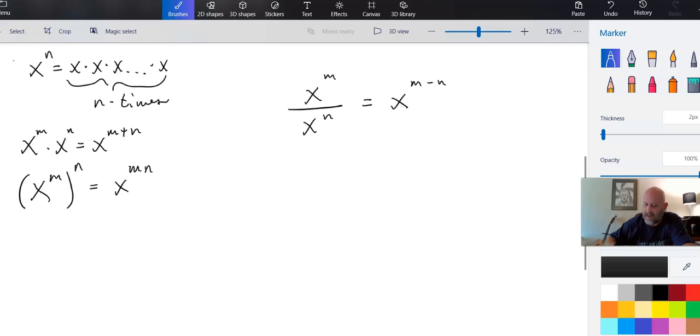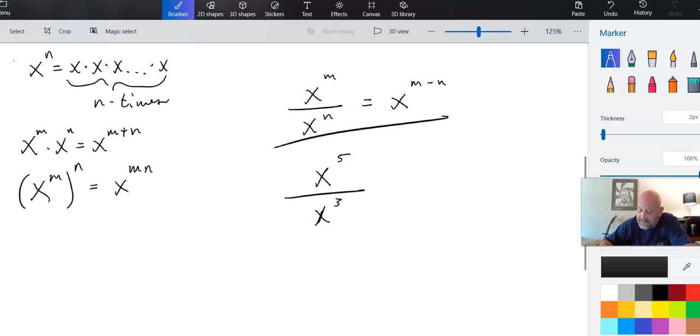But let's look at why that works. So let's go ahead and start out with, it's right back to the definition is really what it is. So let's put some numbers in here so we can actually play this game. Okay, so if I follow the rule up here, I should be subtracting 5 minus 3, and what I should get, and I'm just going to write here over the edge, if the rule works, I should be getting x squared, right?